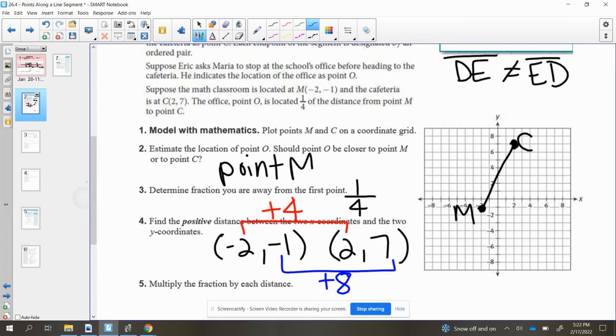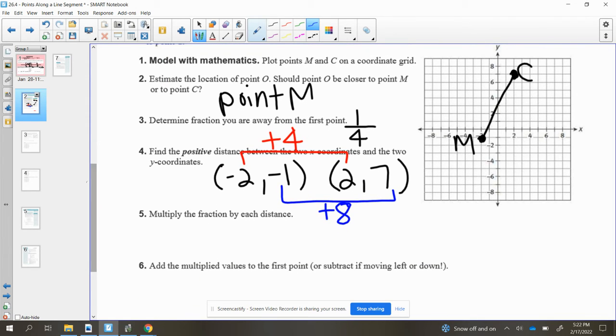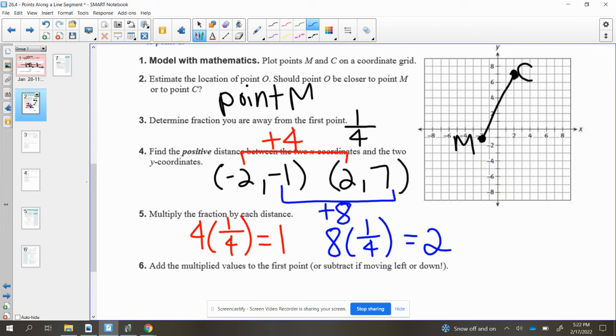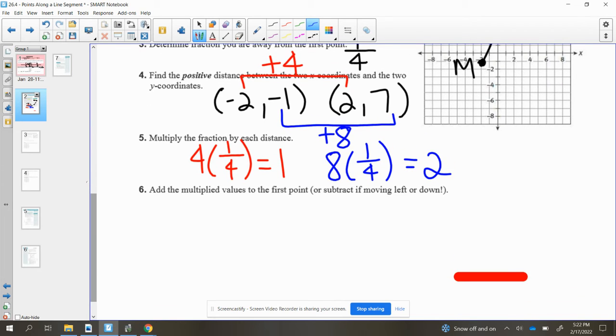Okay? So that would be the total distance move. But again, we only want to go a fraction of this way. So 1/4 of the way, 1/4 of 4 is 1, and 1/4 of 8, 8 times 1 divided by 4 is 2. So this is how much movement we actually have.